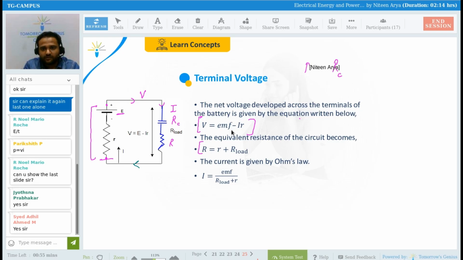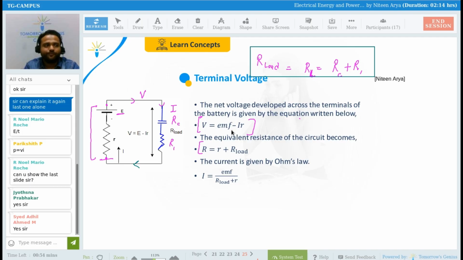So the resistance of a capacitor, RL stands for R load, plus R, or you can put R1. So this is the R load. Clear, beta? So the total resistance of a circuit becomes r plus R load.